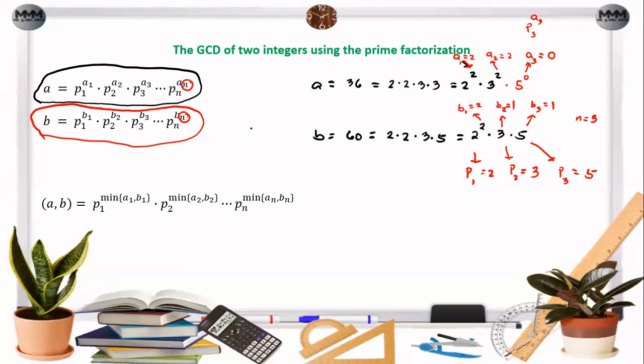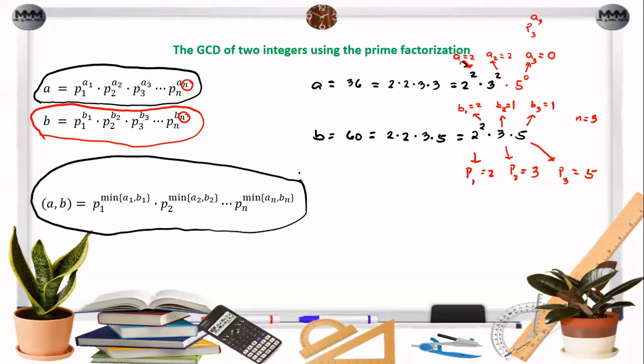Now to find the GCD, we will use this equation. So to find the GCD of 36 and 60, take note here, we have P1, so our P1 is 2.